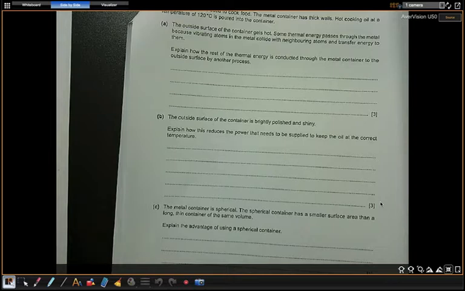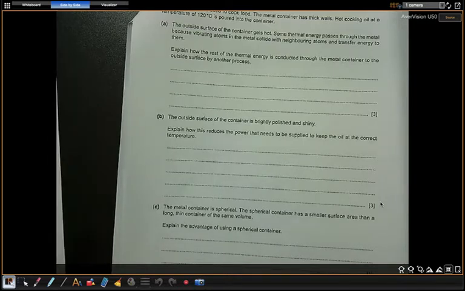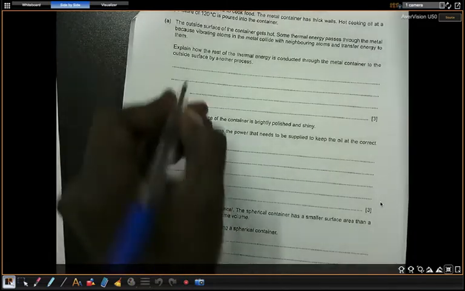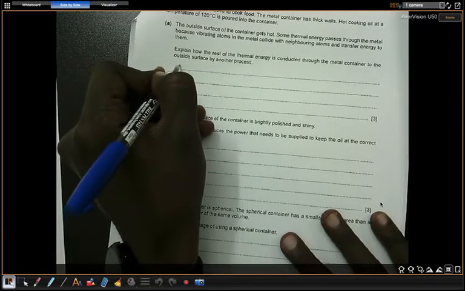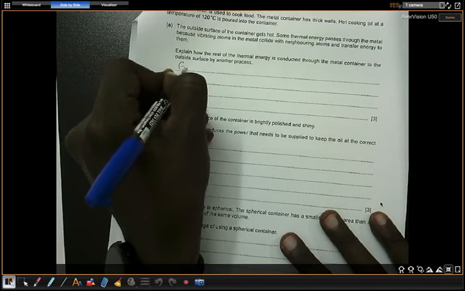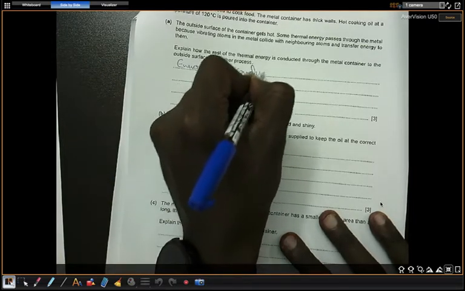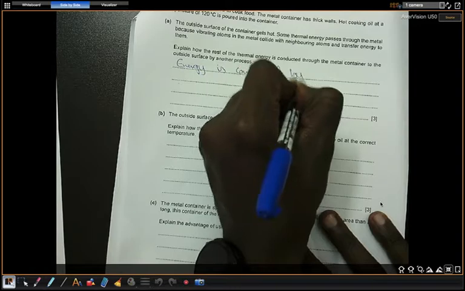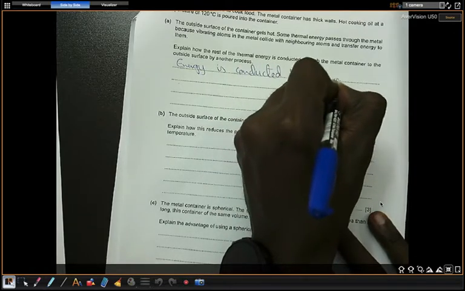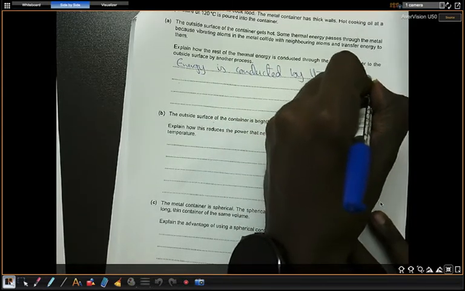So, in this question, explain how the rest of the thermal energy is conducted. It can be conducted by thermal radiation.